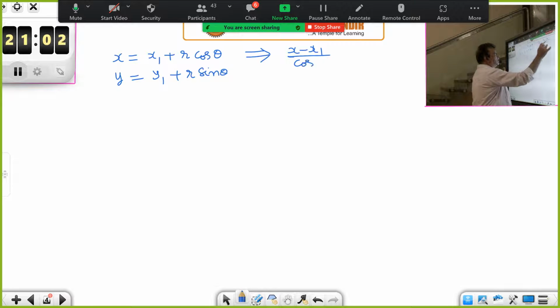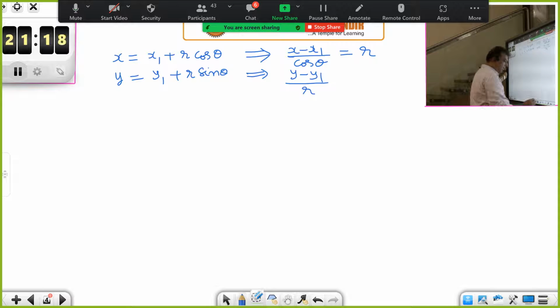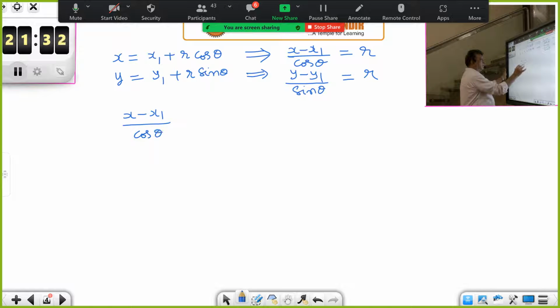So x minus x1 by cos theta is equal to r. Similarly, from the second equation, y minus y1 by sin theta is equal to r. Both are equal to r, so I can write x minus x1 by cos theta is equal to y minus y1 by sin theta is equal to r.